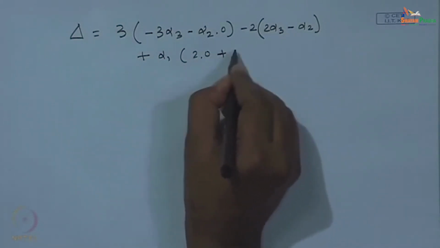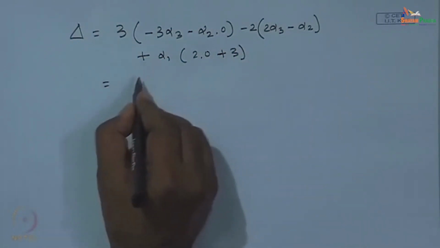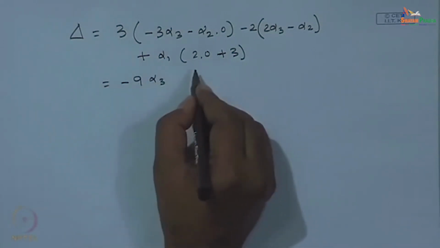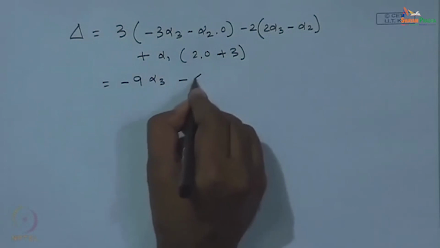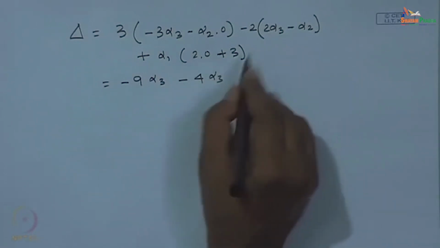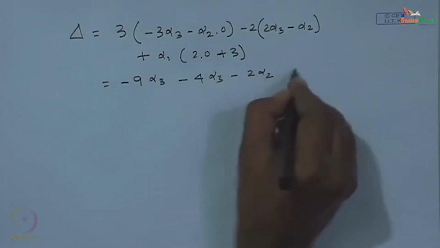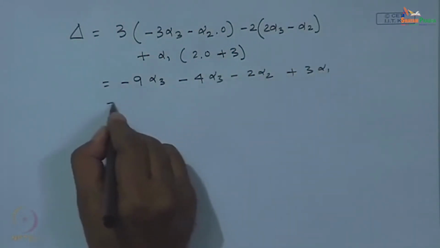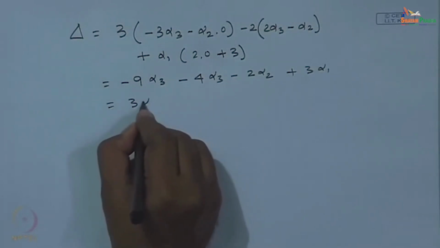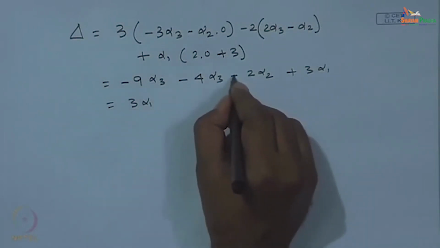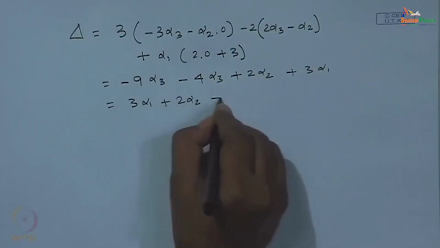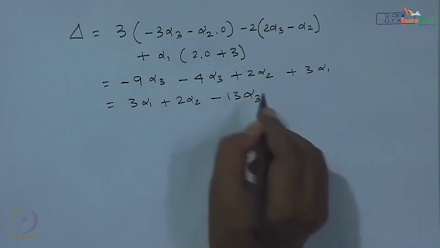So, it will be minus minus plus, so it will be 3. Therefore, this becomes minus 9 alpha 3 minus 4 alpha 3 minus 2 alpha 2 plus 3 alpha 1. So, we get 3 alpha 1 plus 2 alpha 2 minus 13 alpha 3.